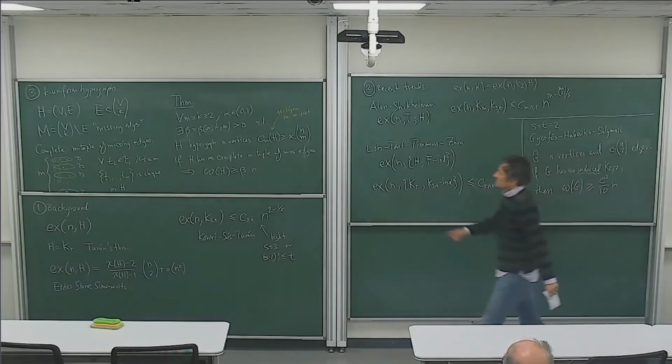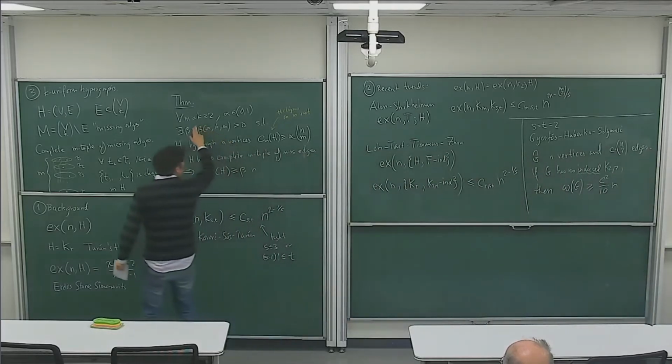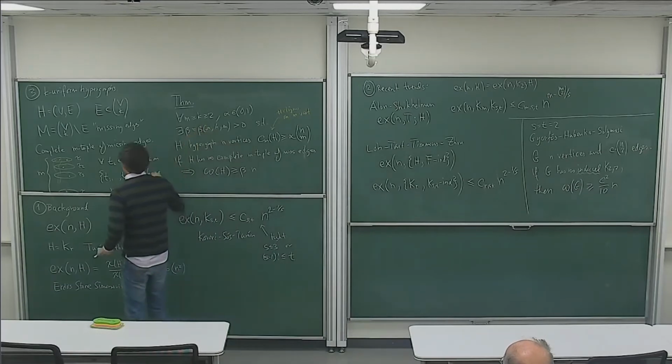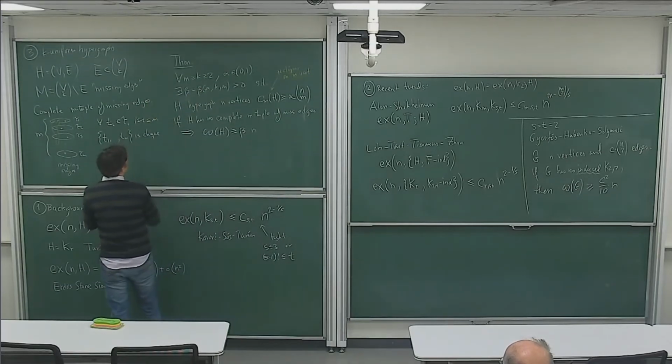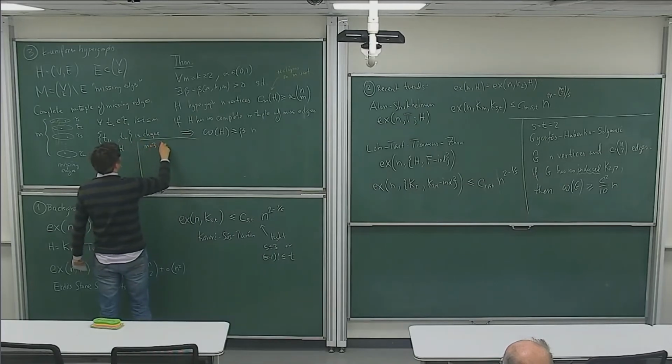So let's say m is 3 and k is 2. It means that this guy that I drew before is forbidden. This is a forbidden induced subgraph, right?